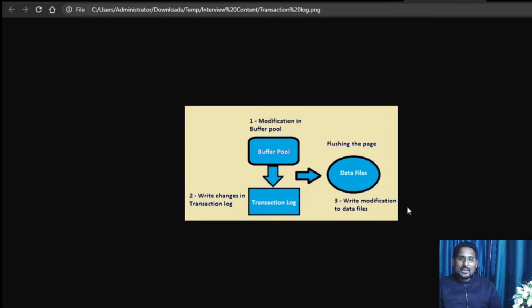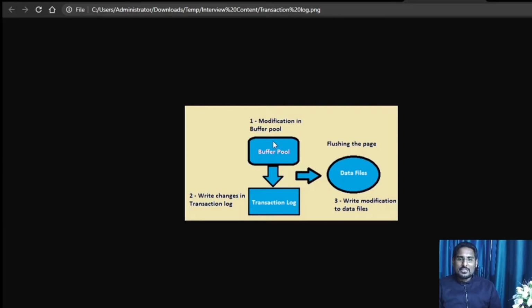So let's say you are running a transaction in Microsoft SQL Server, like creating a table, and after creating the table, you're also inserting data into it. As soon as you create a table, the creation of the table starts a transaction.